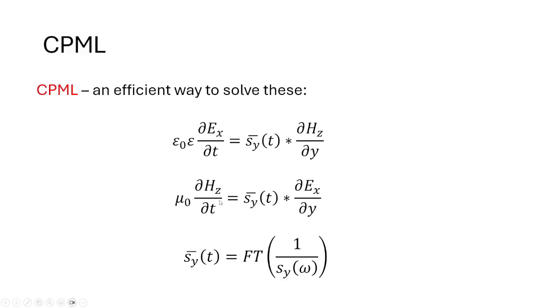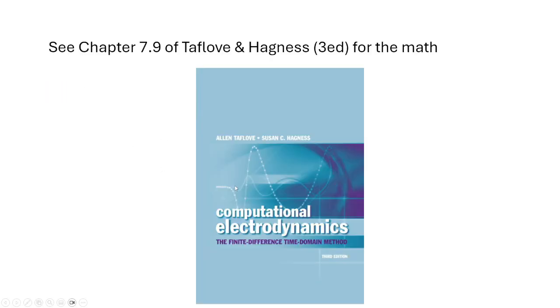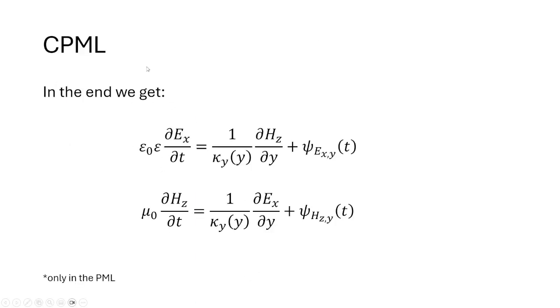But we go from these Maxwell's equations here to these Maxwell's equations here. So this is a lot easier to look at. So there's no convolutions here anymore. So we have our regular Maxwell's equations, except for where we see our derivatives. We now have this 1 over kappa_y, which is fine. This is no longer a convolution.